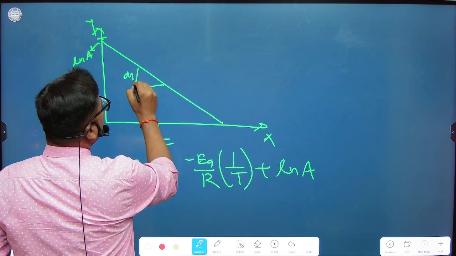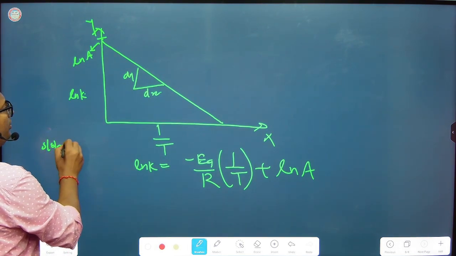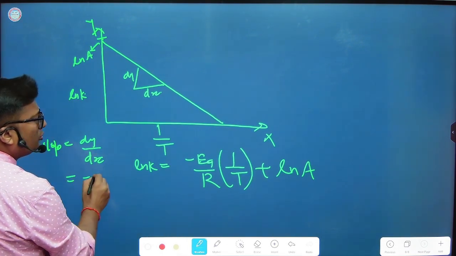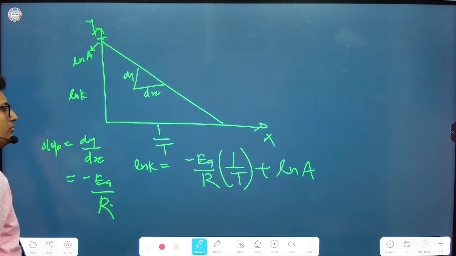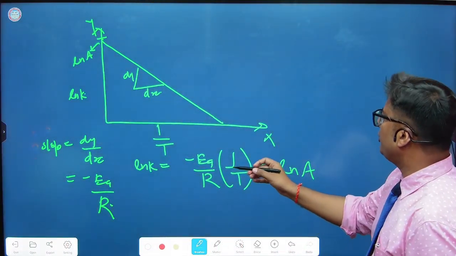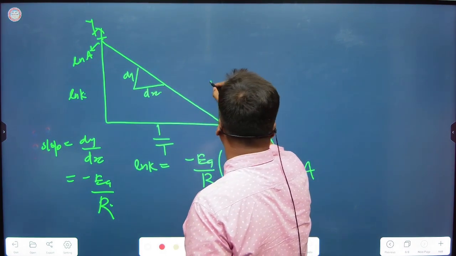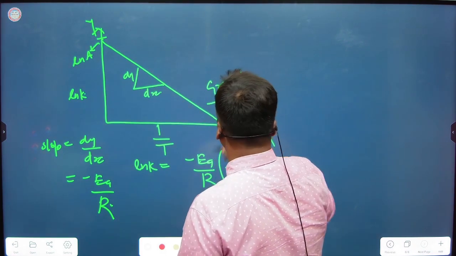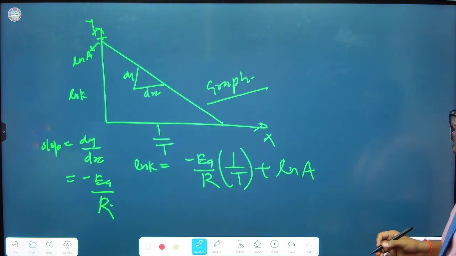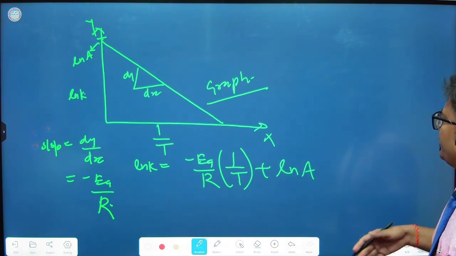So this is dy and this is dx, and if you want to get the slope, then slope will be dy upon dx, and hence slope will be equal to minus EA upon R. So this is the variation of the rate constant in natural log with respect to 1 by T. This is the graph. This is the Arrhenius equation, and its graph explains the rate of reactions with temperature.